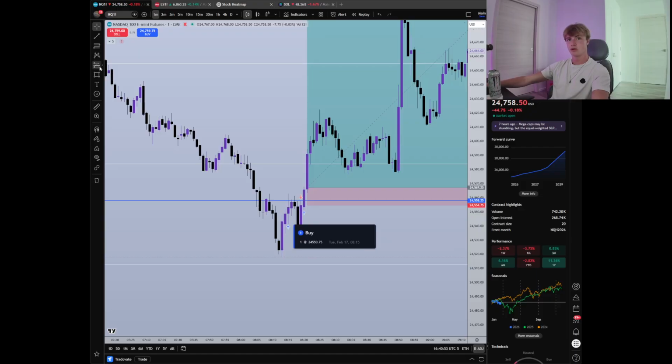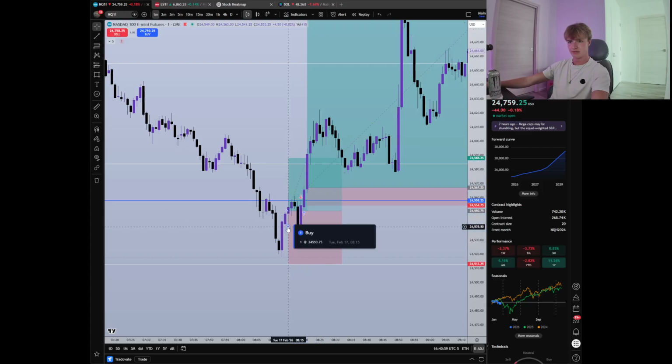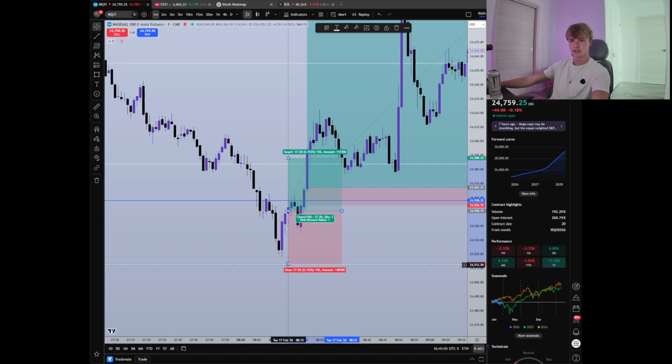I used the same 12.5 fixed stop, but I got filled a little bit high here. So I got filled around 55, 75, so a tick higher than this, but I'm not going to adjust it because who cares. And then it was supposed to be this 12.5 fixed stop, which obviously would have got stopped, but I ended up getting a 14.5 point stop because of that shitty fill.